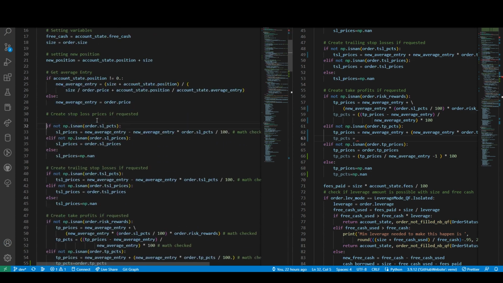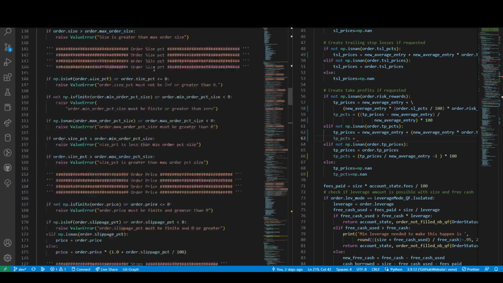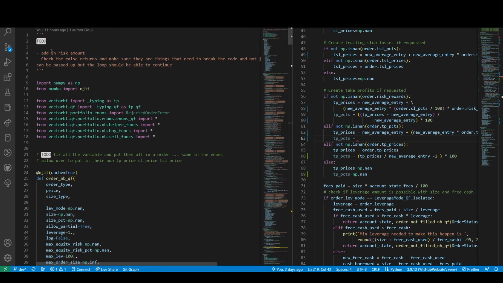Here I feel like we have to wrap this whole thing in like a. But the trailing stop loss, I'm not exactly sure how to do that because the initial trailing stop loss is probably going to be lower, and then eventually it will get higher and higher and higher. Let's see.